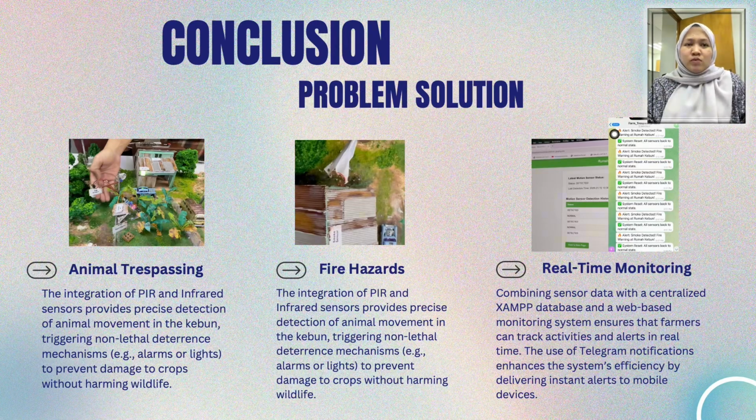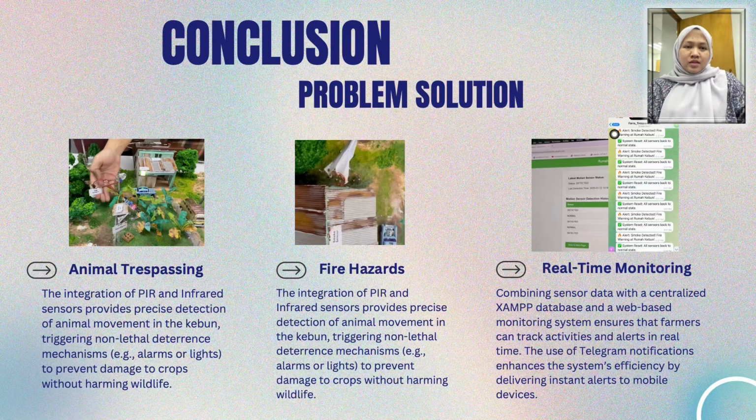Problem 2 is fire hazard. Fire in a farmhouse can be devastating, not just for property, but also for crops and livestock. So early detection of smoke or fire is critical to prevent such incidents.